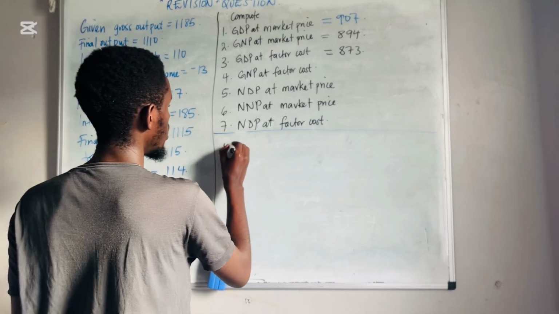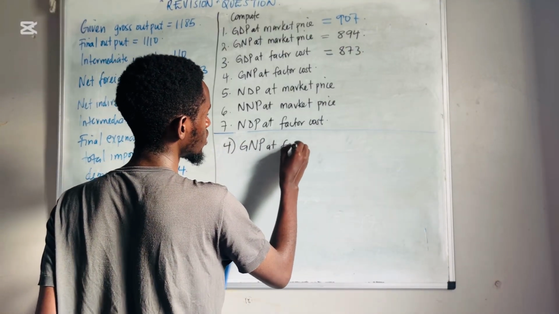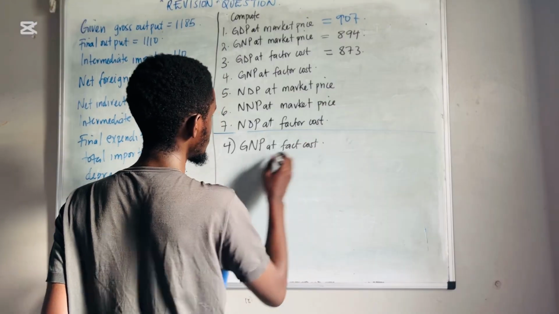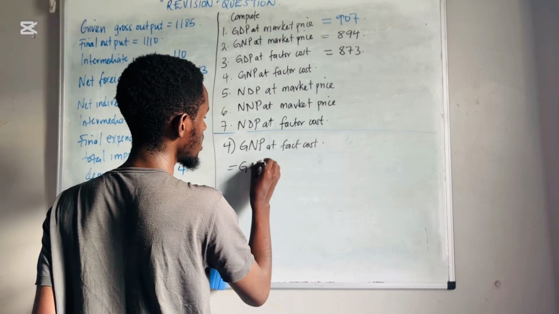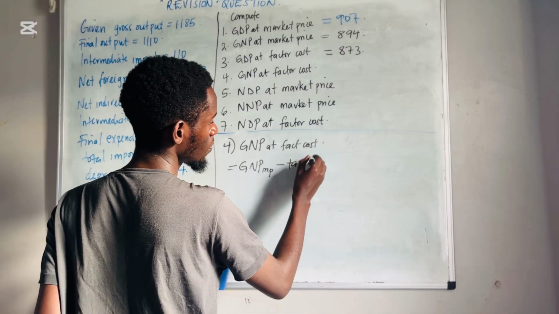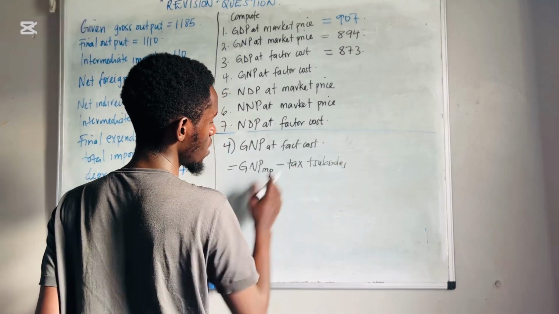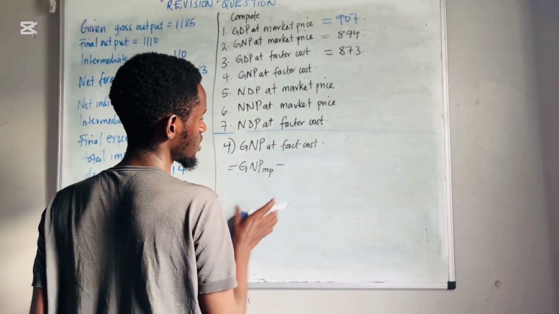I'm saying in order for us to have the GNP at factor cost, you just need to have GNP at market price minus taxes plus subsidies. Yes. But minus taxes plus subsidies, we said is the same as having negative of net indirect taxes.